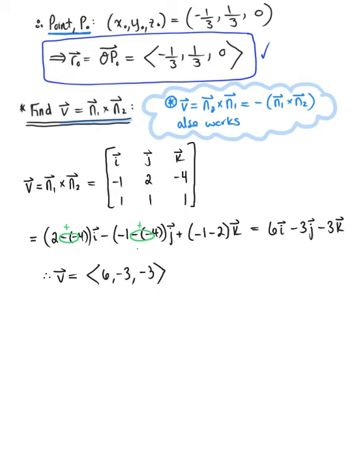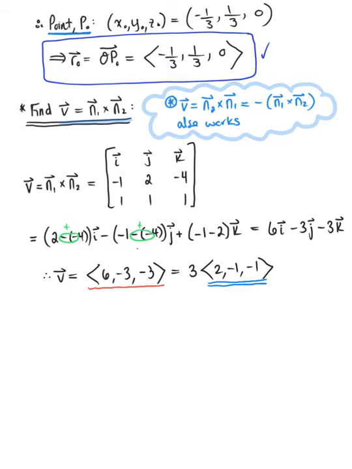And I'm noticing here that there's a scalar multiple of 3. So we have 3 times the vector 2, -1, -1. Using this full vector, 6, -3, -3 is fine. That's a correct answer. But you can also use the scalar multiple version for smaller numbers.